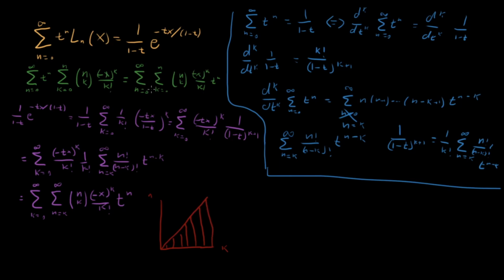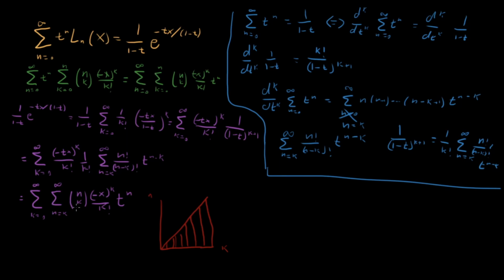You start from n equals 0, then k equals 0 up to n, and so on. That fills out this lower triangle in the n k grid. Those are the points specified by this sum.